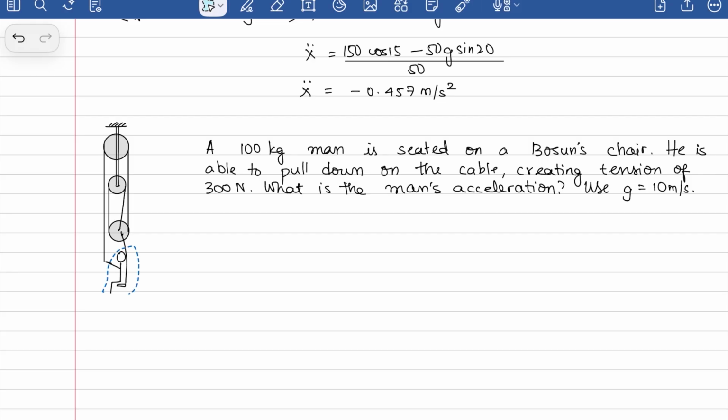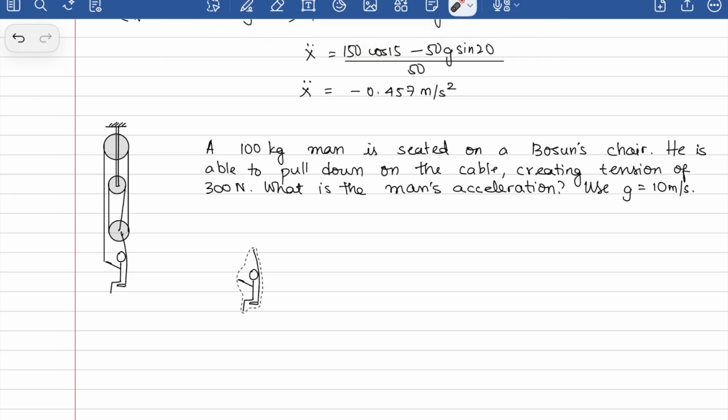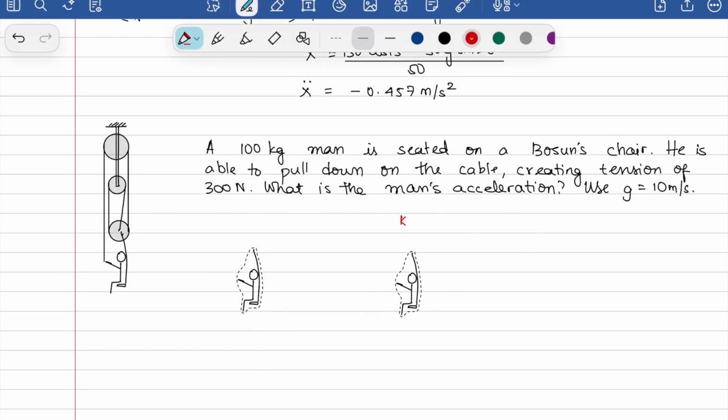Okay, I'm going to solve it myself. So this here is essentially what I'm considering as my system. I'm looking at all the forces that this is going to experience. To give myself the ability to draw the kinetic diagram, I'm going to show this here. This is the kinetic diagram, and this here is the free body diagram.